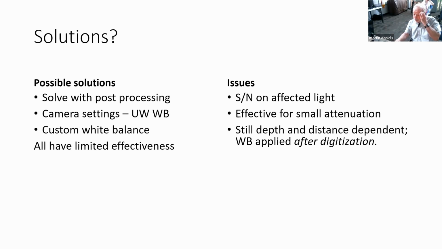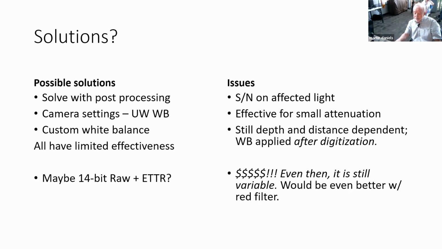They're all fairly limited. And of course, the ultimate thing is to do what BBC does. You get yourself a nice camera that shoots raw, 14-bit raw, and you record that, and you've got about $100,000 in the water, and you still have the problem that it's variable, even if you do that.